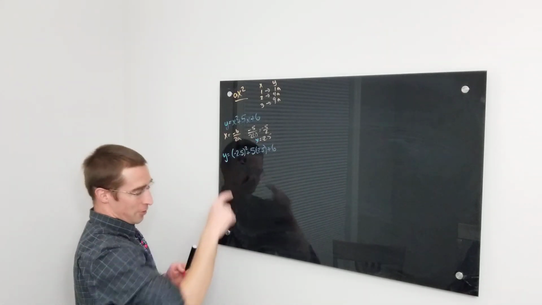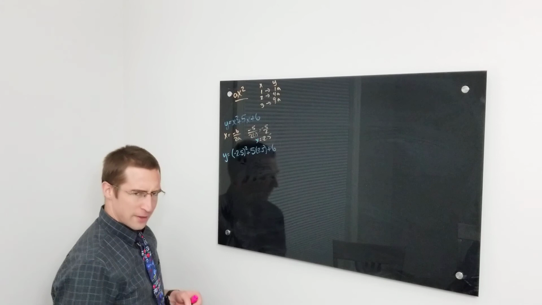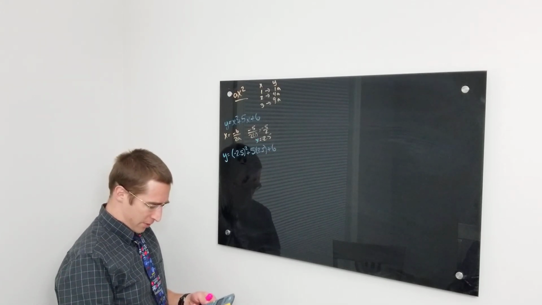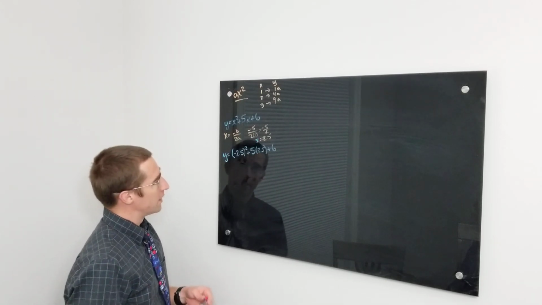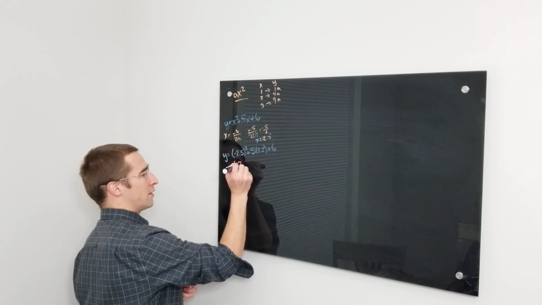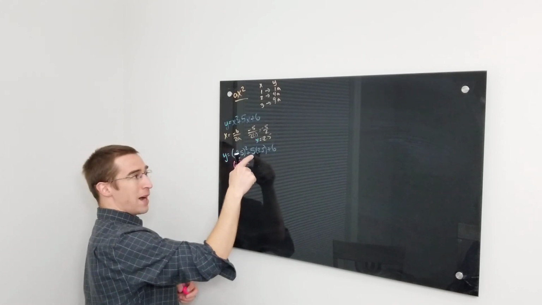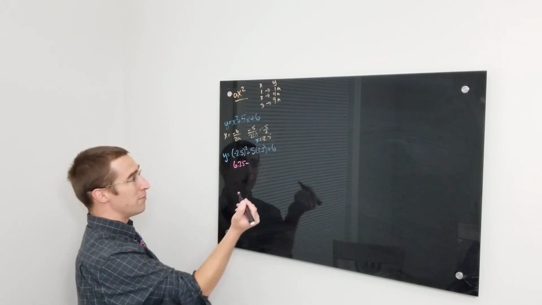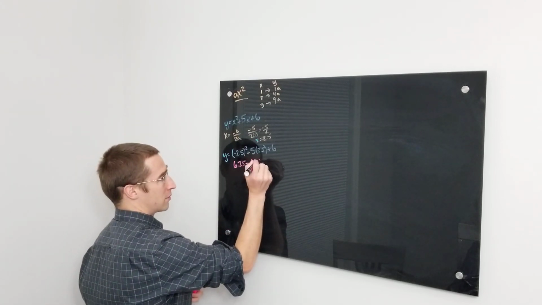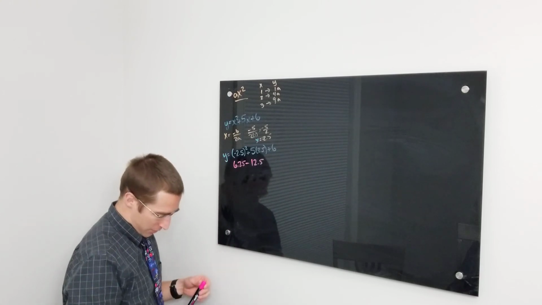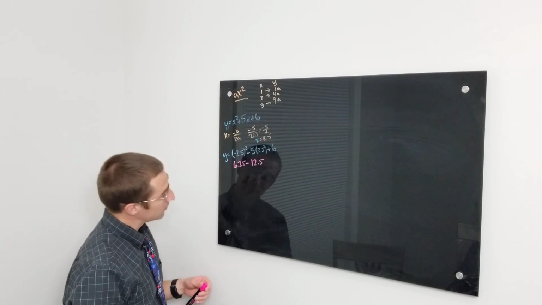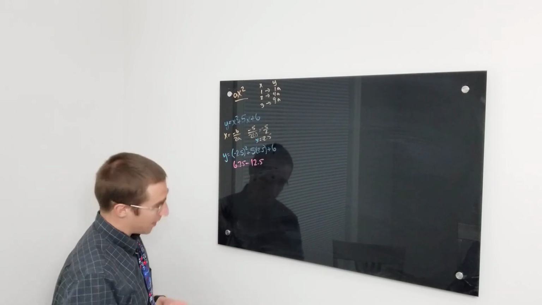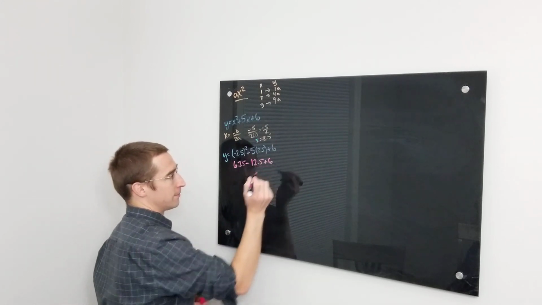All right, so negative 2.5 squared is going to be, I believe, positive 6.25. I'm just going to check that. Yep, it's 6.25. And then here it's going to be minus, because I have 5 times a negative. So it's going to be minus 12.5. I'm just going to double check that as well, just to be sure. Yep. And then plus 6.